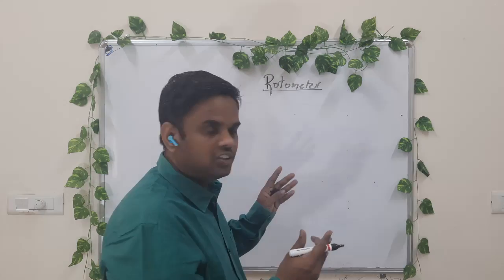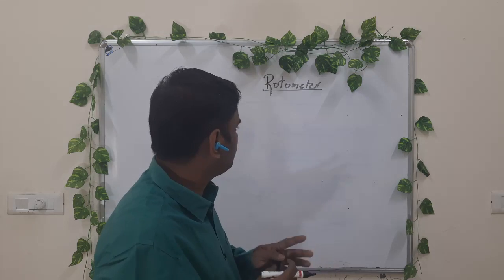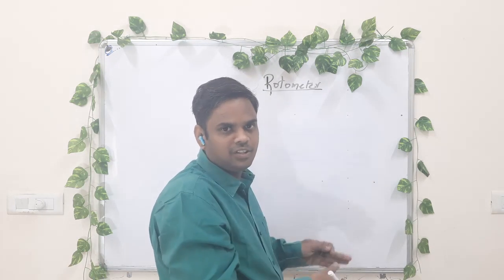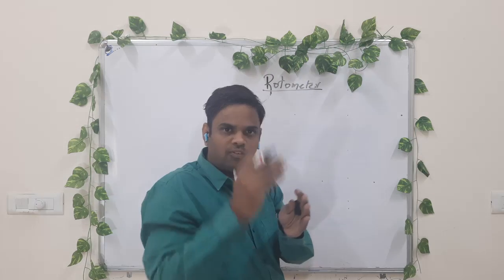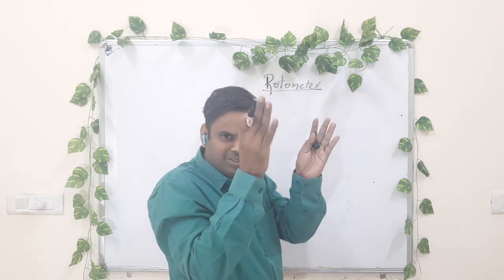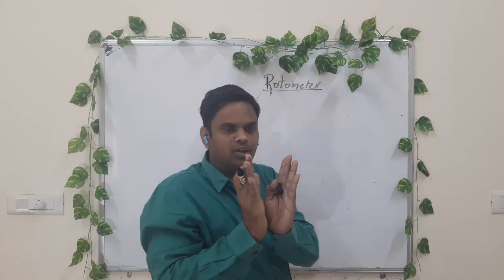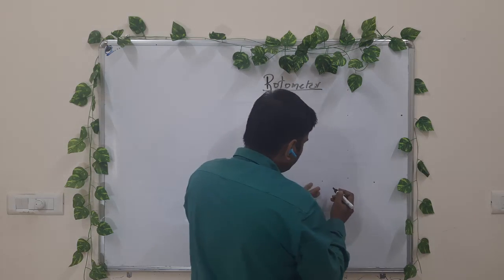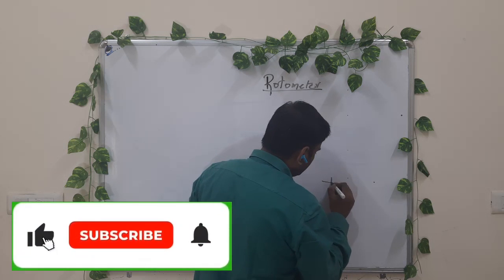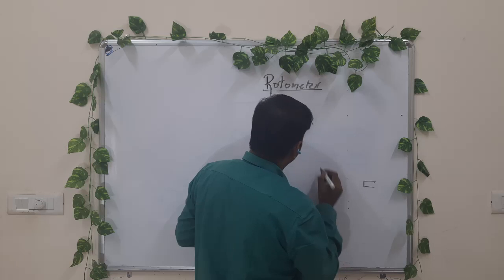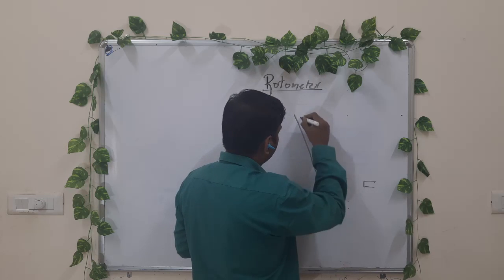Okay, so if you look into the construction of a rotameter, it is usually made up of a tapered section. The tapered section means two different diameters at both ends, with a gradual variation in the diameter from top to bottom. So usually a smaller diameter at the bottom and a larger diameter at the top is assumed.